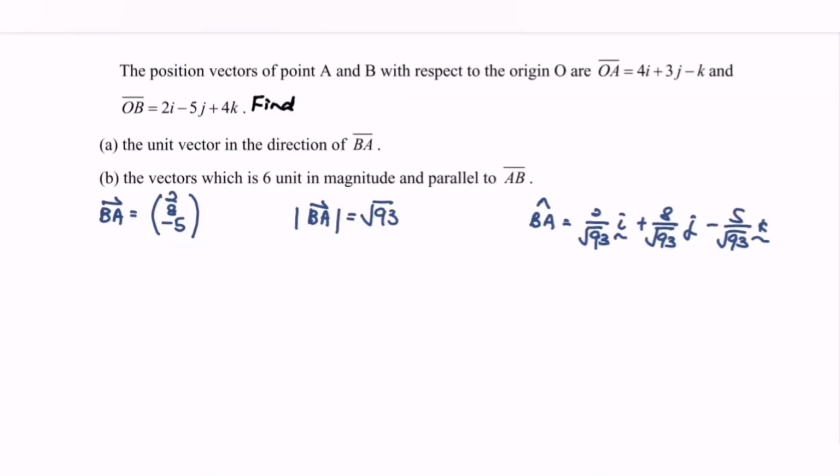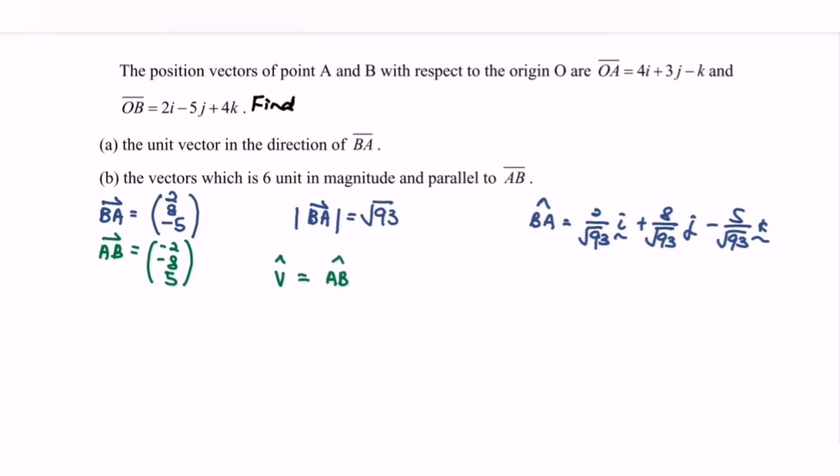Next refers to part B. Find the vector which is 6 units in magnitude and parallel to the vector AB. So in here, kindly refer to the vector BA. So AB and BA are negatives of each other. So the vector AB is equal to negative 2, negative 8 and 5. So we have the vector V, and we name it as V hat, which is parallel to the vector AB hat.